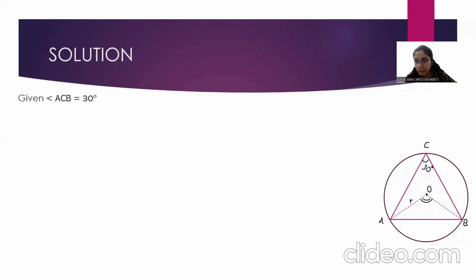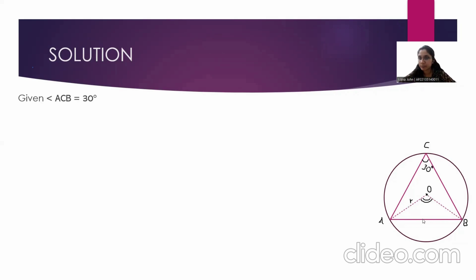Now what I am doing, I'm just joining the center O to the points A and B. Then we will be getting OA and OB. What are these OA and OB? These are nothing but the radii of the circle. So our problem is to find the relation between this radius and the chord of the circle AB.